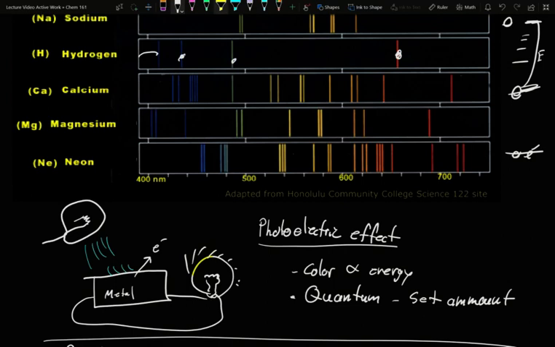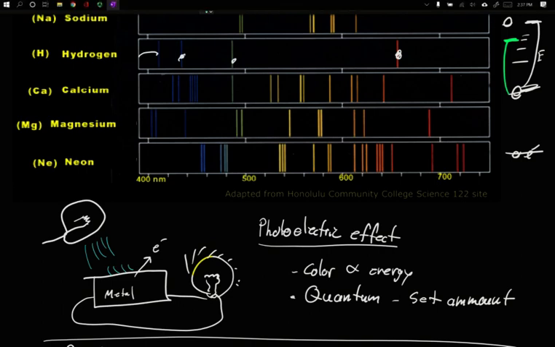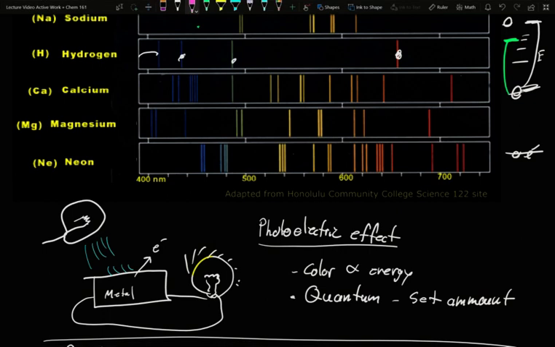Any light that had less energy than that only brought you, say, this far, so you wouldn't have knocked the electron free, and no current flows. A red light has even less energy. It might absorb it, but it's not going to knock the electron free. The electron will just fall back down.